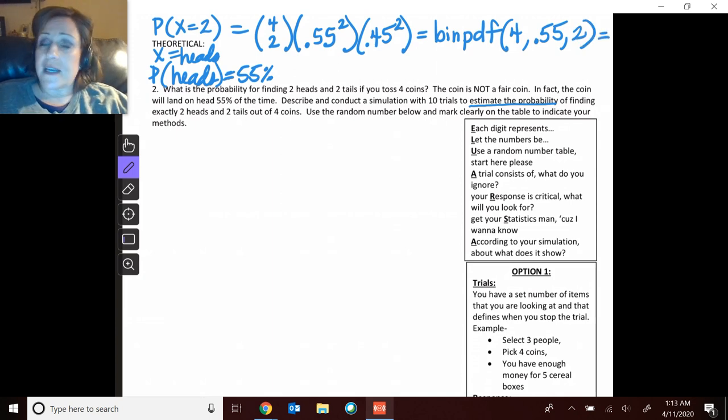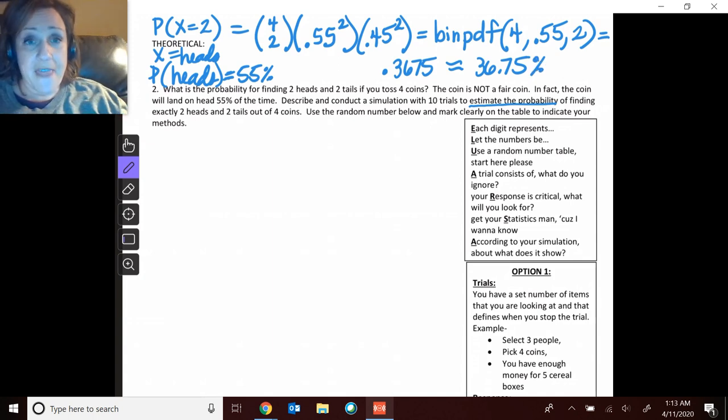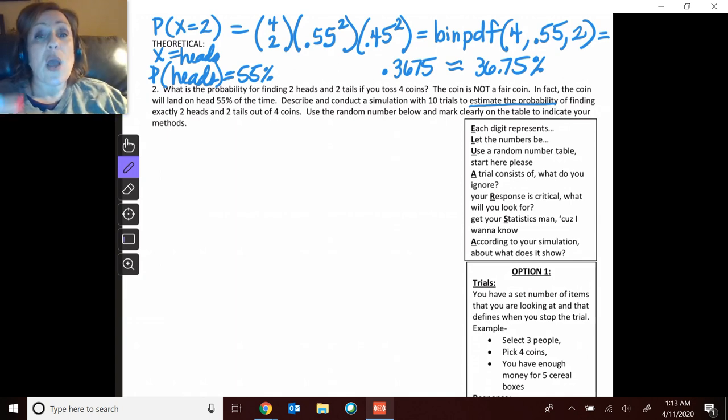And so that comes out to 36.3675, so about 36.75% chance that if I flip this particular unfair coin 4 times, I'll get 2 heads and 2 tails. All right, so let's see how our simulation comes out in comparison to that, theoretically, what we should expect it to.